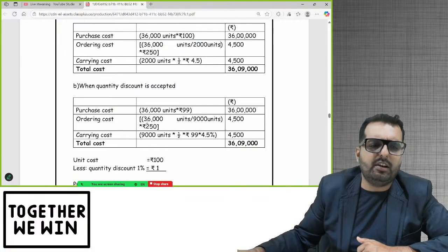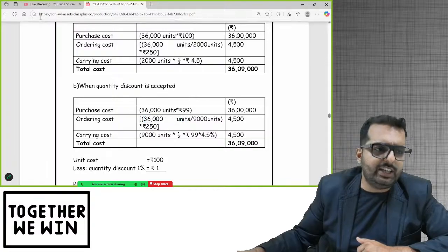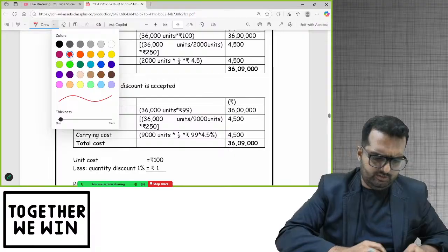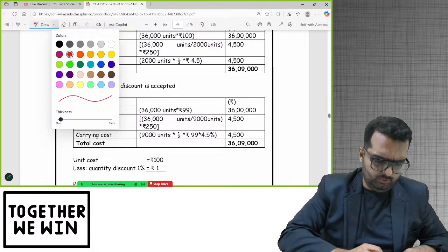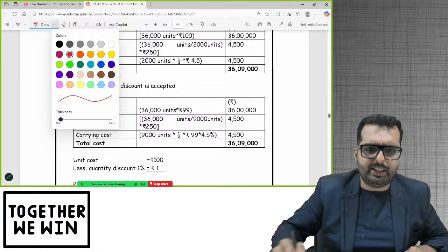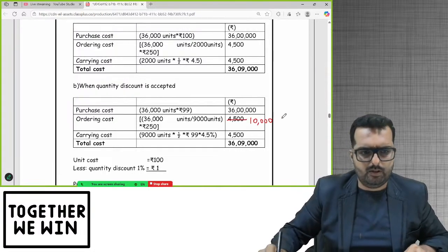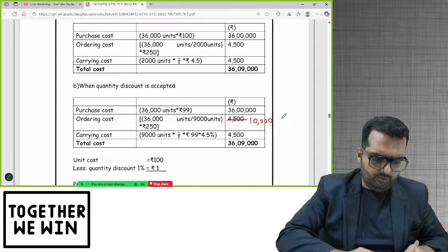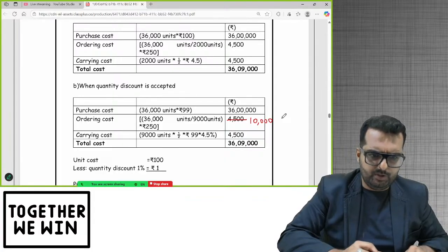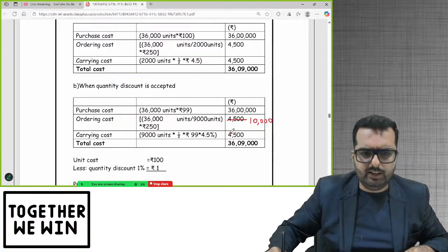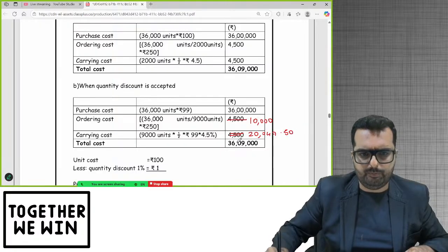But when you go for 9000, your ordering cost will change. Friends, there's a small correction here if I'm not wrong. 36,000 divided by 9000 into 250 will be 1,000 rupees. Okay. Now, 9,000 units divided by 2 into 99 rupees into 4.5%, this one will be 20,047.5.